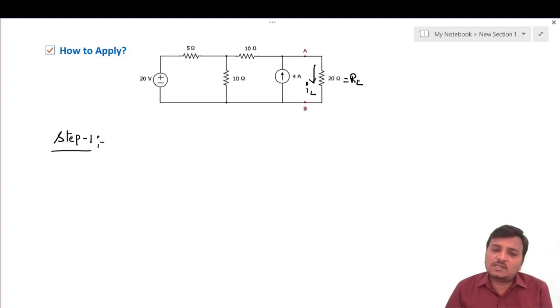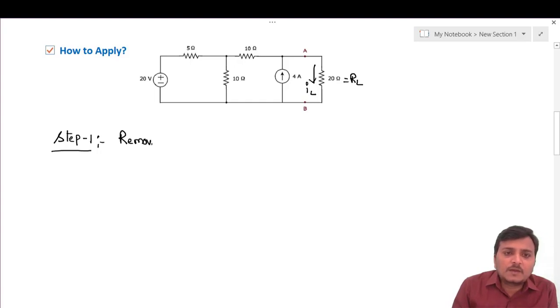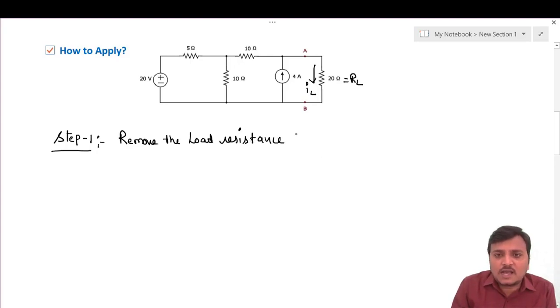By using Thevenin's theorem in a simplified manner, I want to find the current in the 20 ohm resistor. For this, what is step 1? In step 1, just remove the load resistance RL from the circuit.